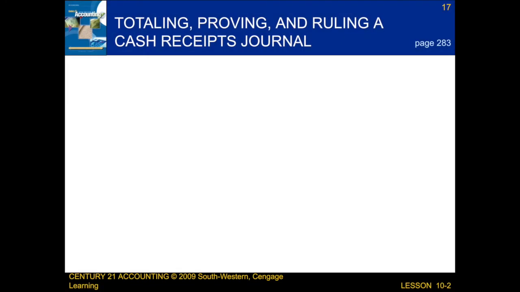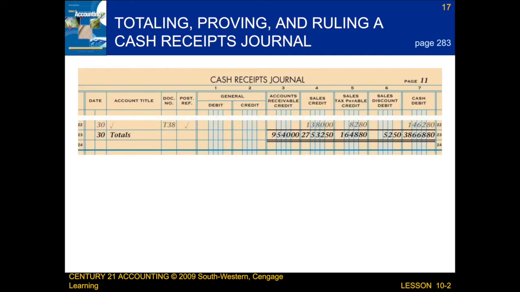Okay, so the last thing that we're going to be talking about in this lesson is totaling, proving, and ruling a cash receipts journal. So when we total, prove, and rule a cash receipts journal, there are a few steps that we follow when doing this process. First, we draw a single line rule here. Next, we write the date. After that, we write in the word totals in the account title column.